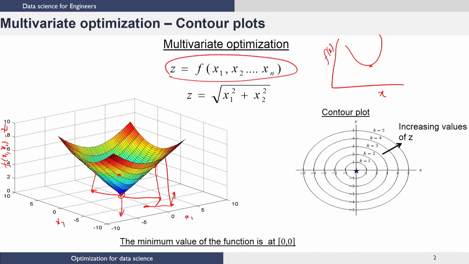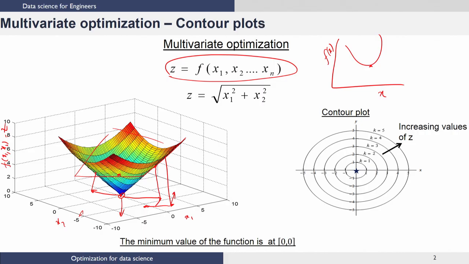To better visualize this, we draw what are called contour plots, which I show on the right hand side of this picture. So, think about a plane that cuts this objective function plot parallel to the x1 x2 surface. So, for example, let us say you think of a plane like this which is parallel to this and it is going to cut the objective function plot.